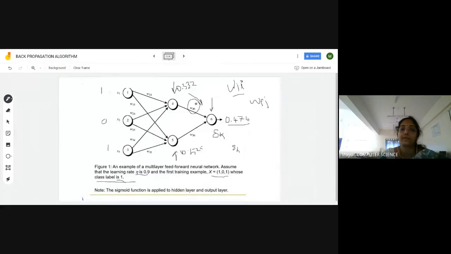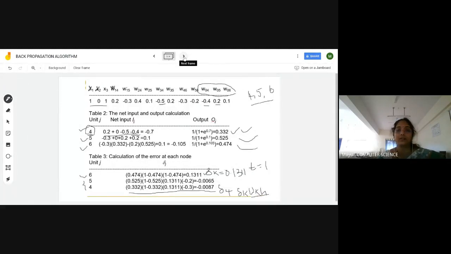This value is the output value. When I'm updating W46, what is the input here? 0.332. X is the input, no? When I am updating W56, your input is 0.525.